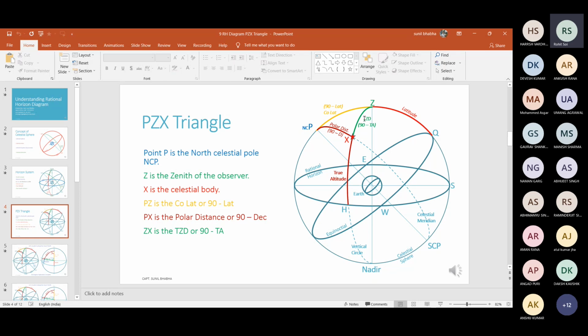You see this PZX triangle highlighted here. We will pick up this diagram from here, take it on the next slide, and then from this diagram only, we will try to make the rational horizon diagram. So let's proceed ahead.